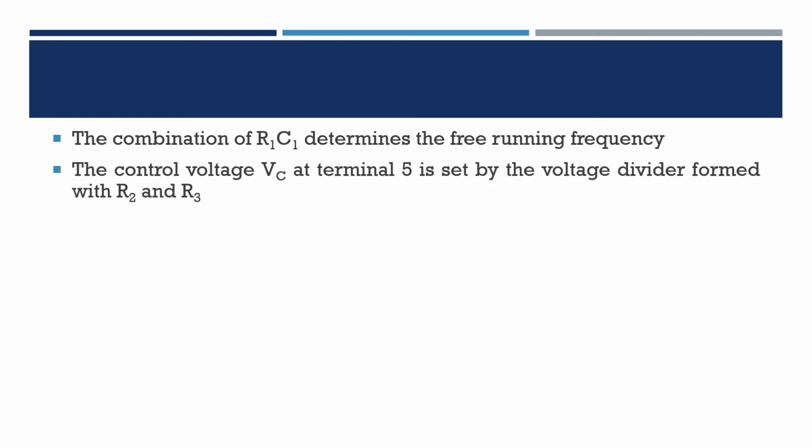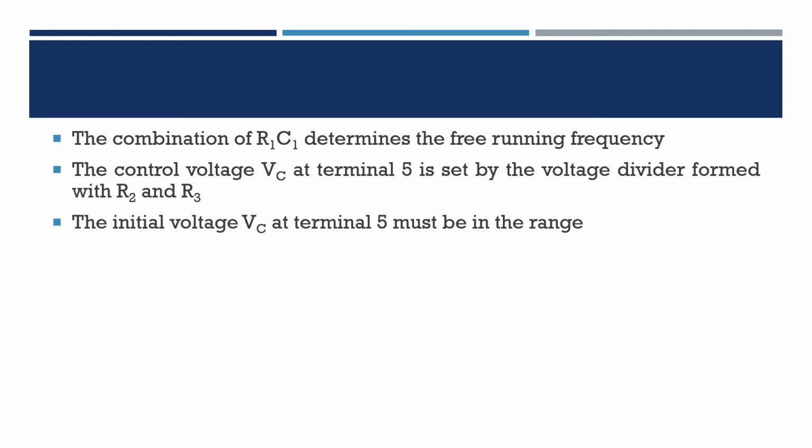The control voltage VC at terminal 5 is set by the voltage divider formed by the resistances R2 and R3. The initial voltage VC at terminal 5 must lie between plus V and 3/4 of plus V. In this range we have to obtain the control voltage.